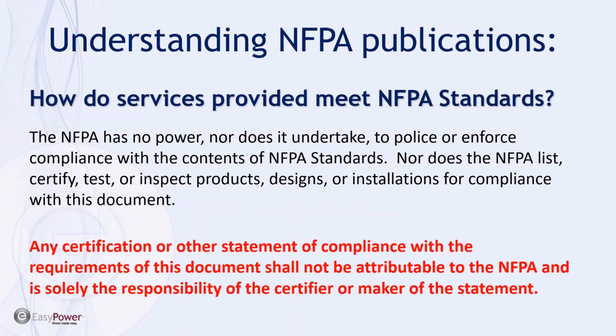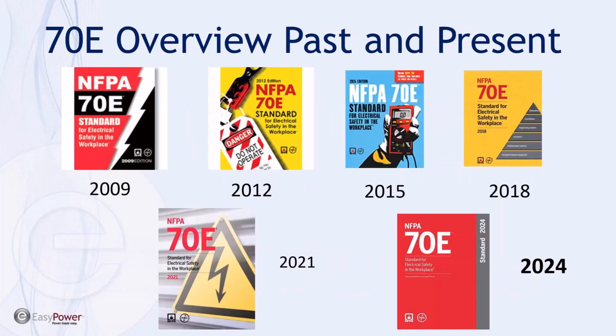And then ultimately, as outside companies, those that provide services to help companies meet these NFPA standards, again, if we're saying that we have a set of services that will meet the NFPA article references and be of sufficient compliance requirements, NFPA specifically will state that the one that is making that type of claim is the one responsible for it, and NFPA themselves do not make those kind of claims on their own.